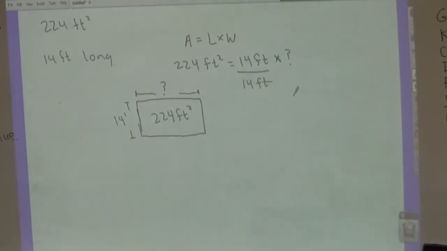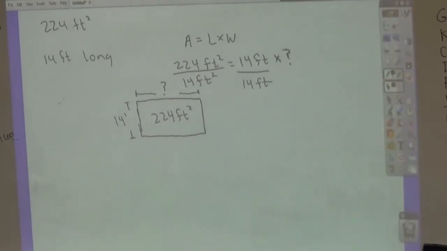What's 14 divided by 14? 1. Anything divided by itself equals 1. And 1 times anything is itself. What's going to happen when we finish this process is we're going to find out the actual value of this question mark right here. We divided a number on the right-hand side of this equal sign by 14. What that means we must now do is divide the other side by 14 feet.